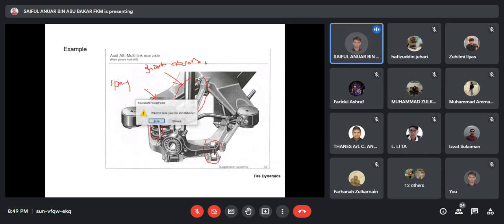Right now we are looking at the types of passive suspension. Like I told you previously in the introduction in early class, we already looked at a group of advanced suspension systems, which is semi-active and active suspension, but that was just a brief look. So tonight I'm going to go into a little bit more detail.